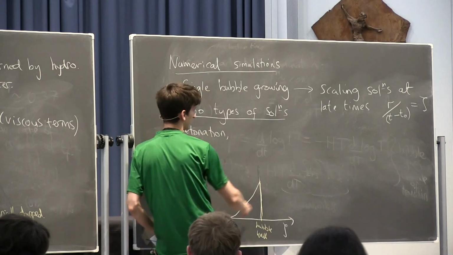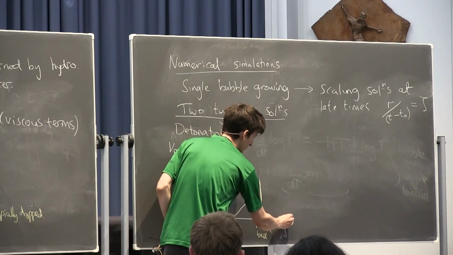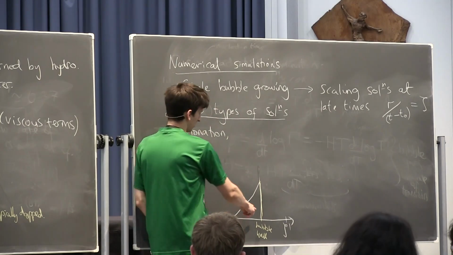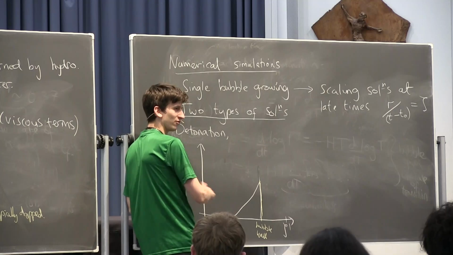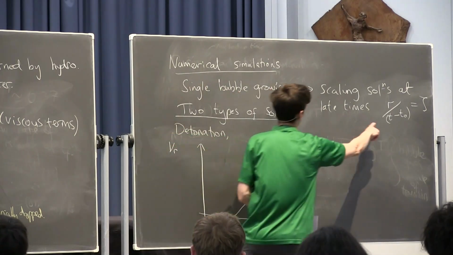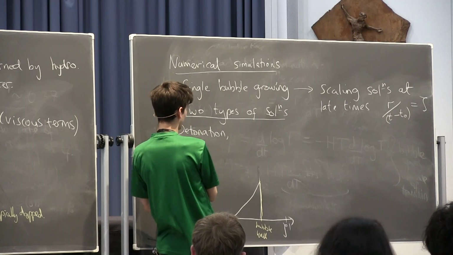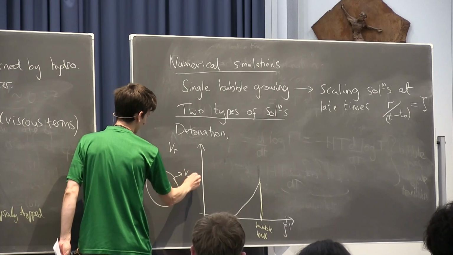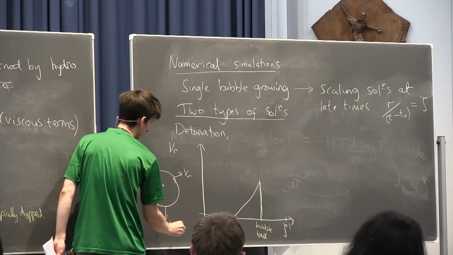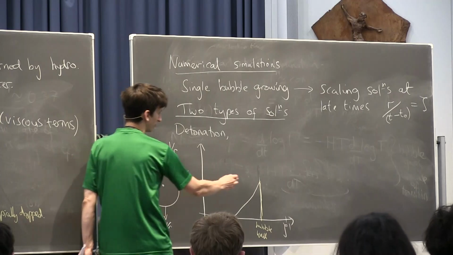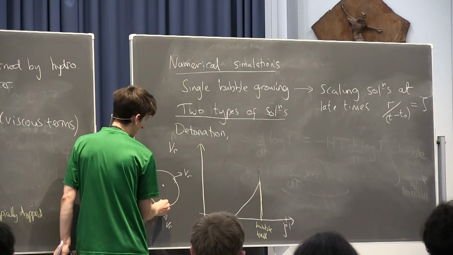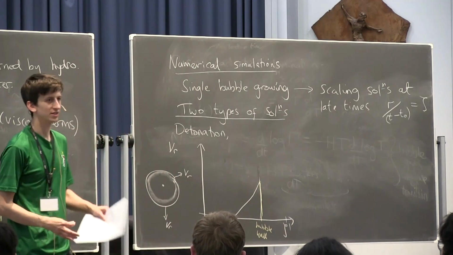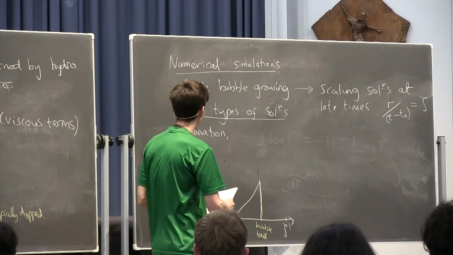Because this is basically R over T, this is going to go up to roughly 1, between 0 and 1. So in some sense, we're plotting this quantity versus the radial bubble velocity. The fluid is moving fastest at the front, and then a bit slower behind that.